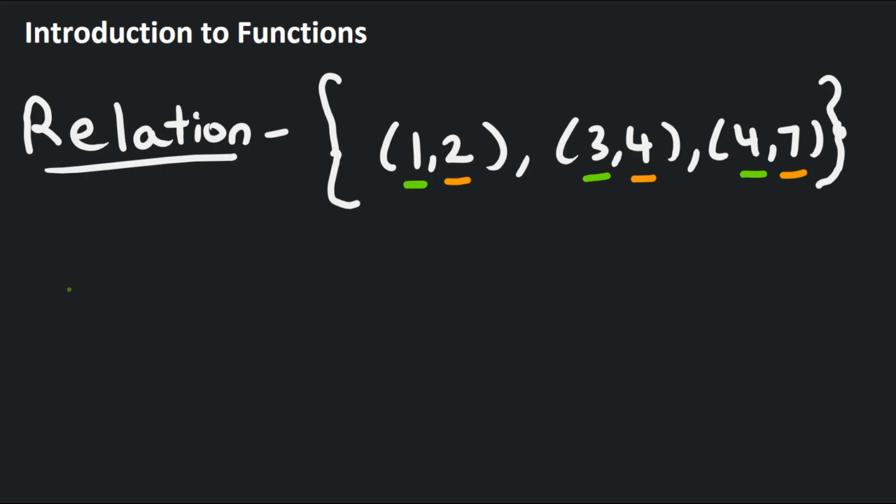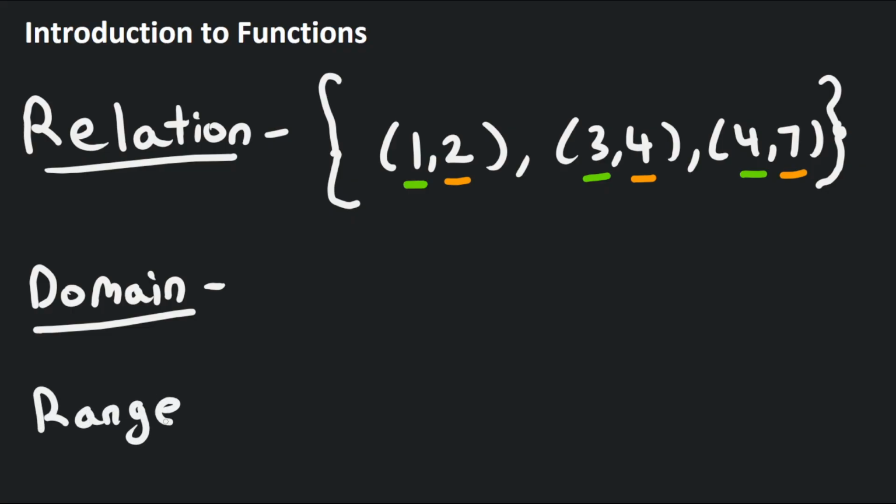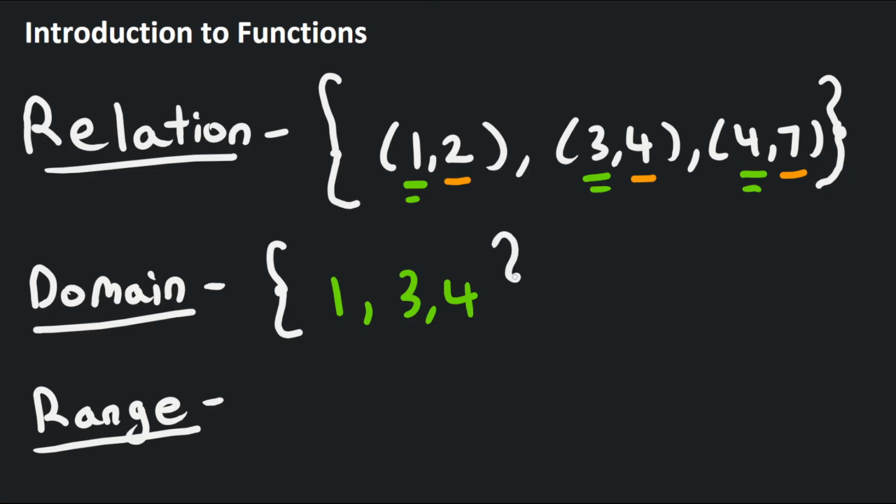They have special names. So the domain and the range. The domain is the set of all x-coordinates. So let's open up the curly brackets and write them down. We have 1, 3, 4, all the ones underlined in green, all the x-coordinates. Then we'll close the curly brackets, and that is the domain of this relation.